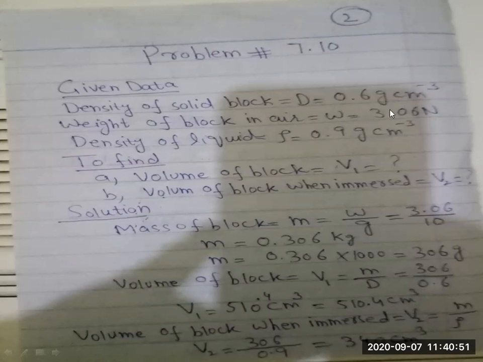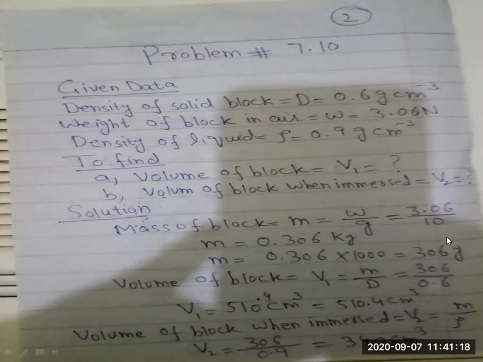Since the density is given in gram per centimeter cube, we will convert this mass into grams. How can we convert this into grams? Kilo means 1000. If you multiply 0.306 by 1000, you will get 306 grams. So the mass in grams is 306 grams.